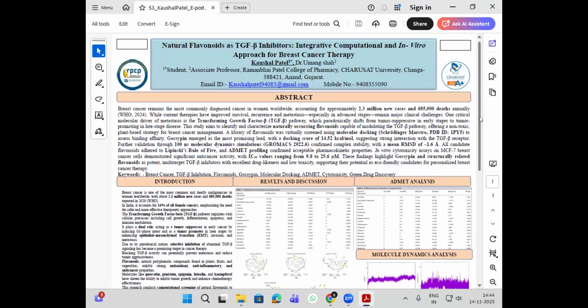Sir, basically these flavonoids are easily available in fruits, vegetables, and the like. So they are not more towards the side effect point of view. They are actually beneficial for us because they naturally have antioxidant and anti-inflammatory effects.